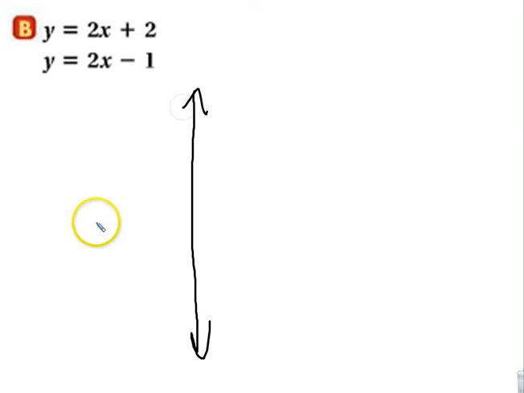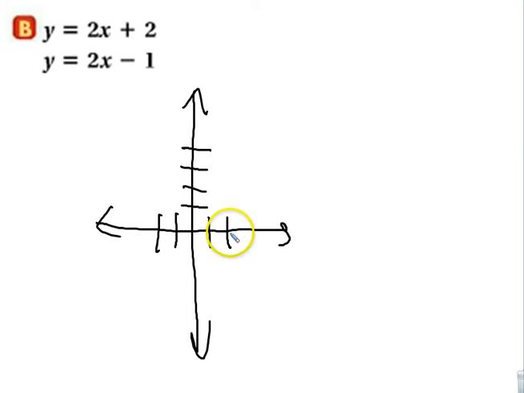Hopefully you guessed the right answer. Let's just go to 4 on either side. We're going to graph the first one. 2 tells us to go up 2 to the right 1. This one is at -1, and tells us to go up 2 to the right 1.